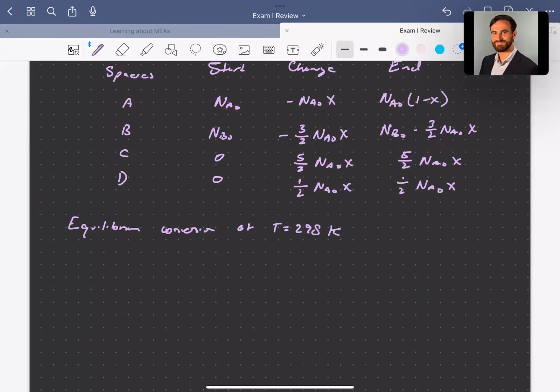Kelvin, if we're given the standard free energy of reaction, it's equal to minus 10 kilojoules per mole. And we can assume that Na0 is equal to Nb0, and that we have a constant volume liquid phase reaction with all species at unit activity.